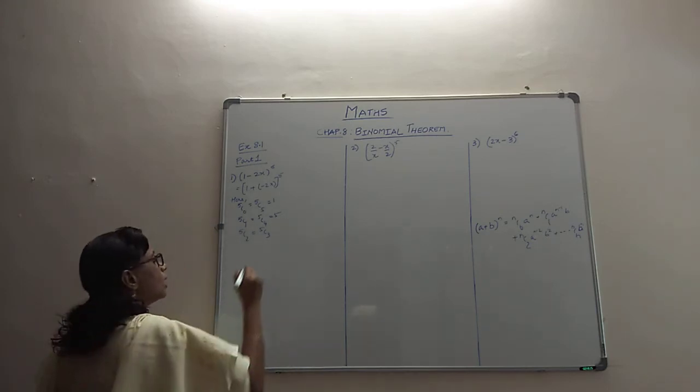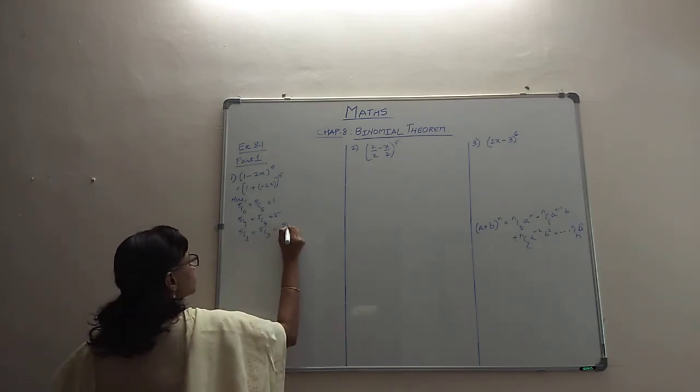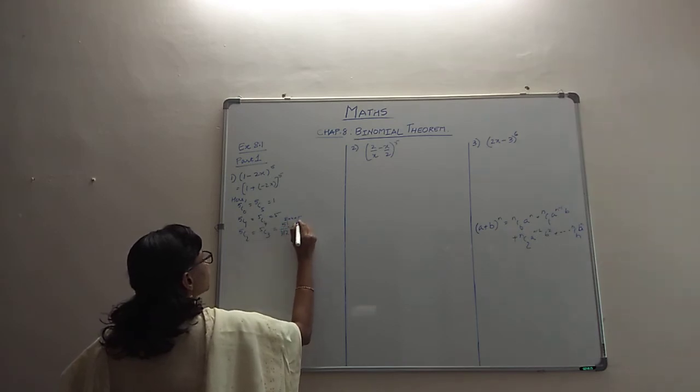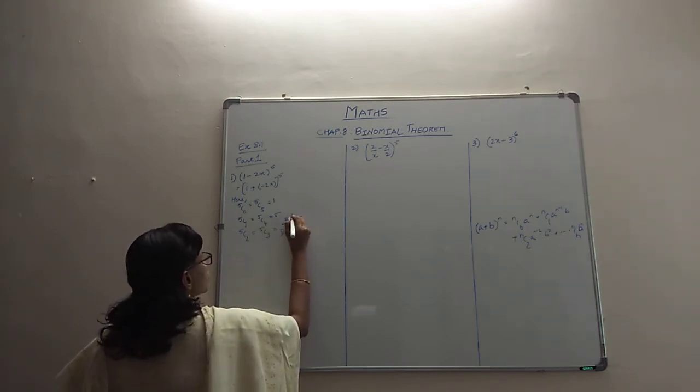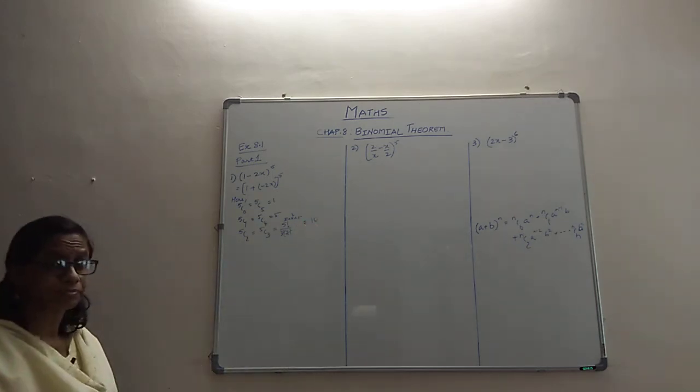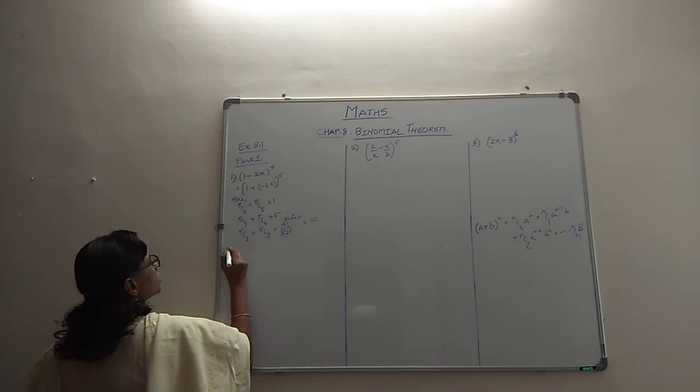Most of you may know it, otherwise we can solve it and find out. This is like writing 3 factorial into 4 into 5 over 3 factorial into 2; the 3 factorial cancels, 4 into 5 is 20, and dividing by 2 this makes it 10. Having got this, we can go in for the expansion.